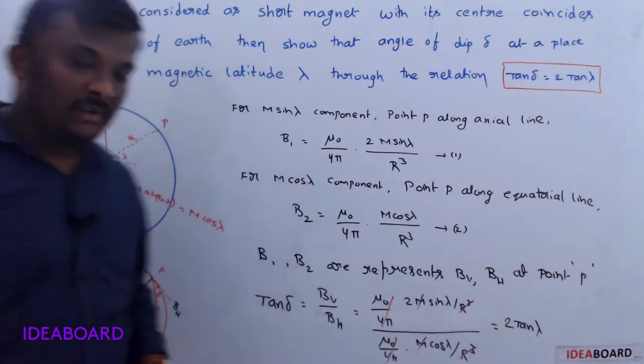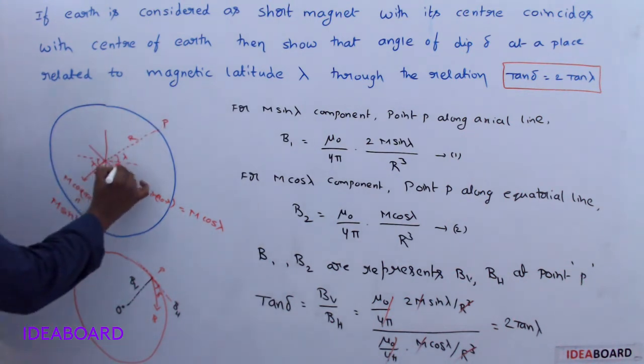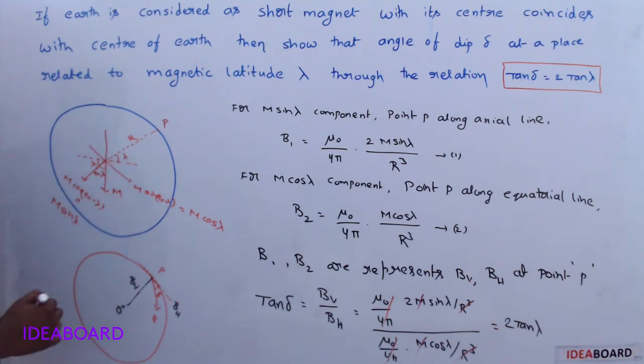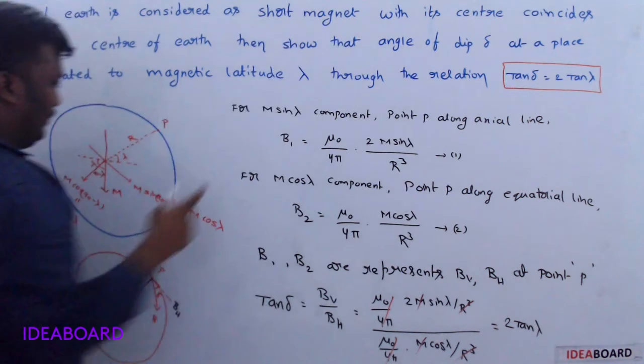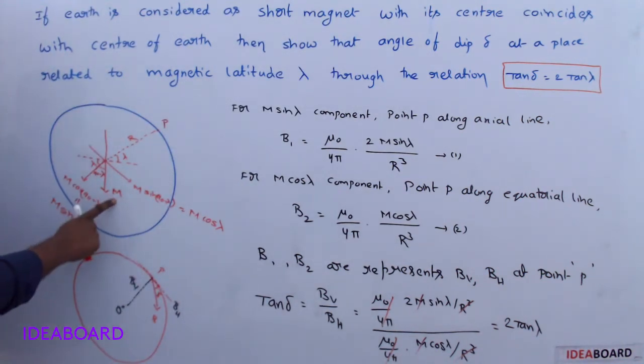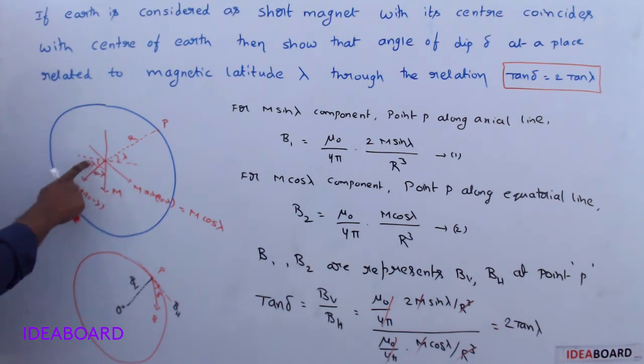Understand? Let us see one more time. At point P, they gave the magnetic latitude as lambda, and they said the earth is considered as a short magnet. So the short magnet has a magnetic moment M. If this is lambda, this is also lambda, and this is 90 degrees, so the remaining angle is 90 minus lambda.